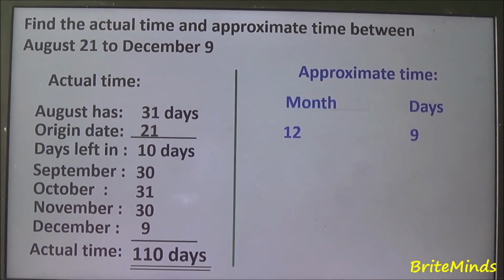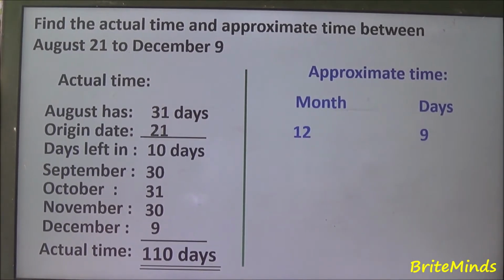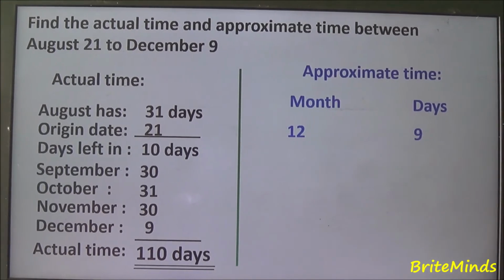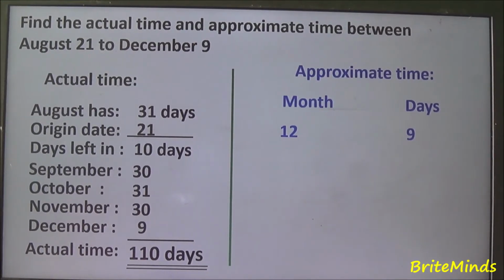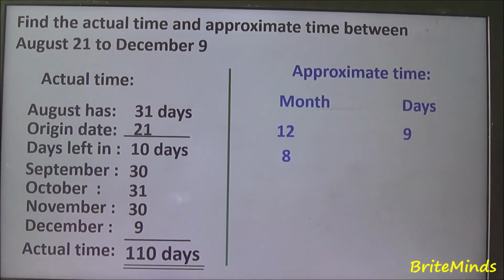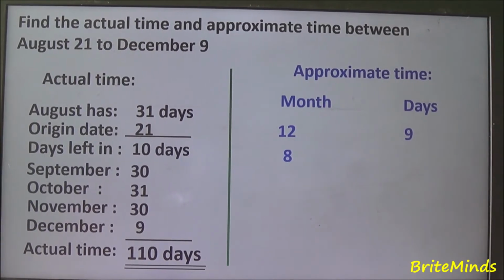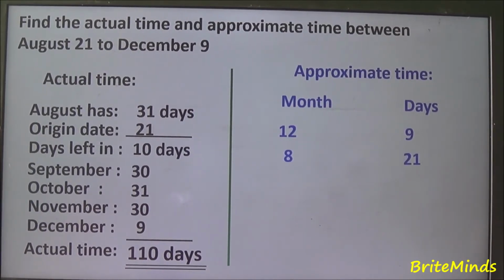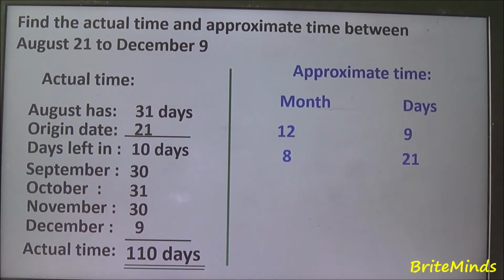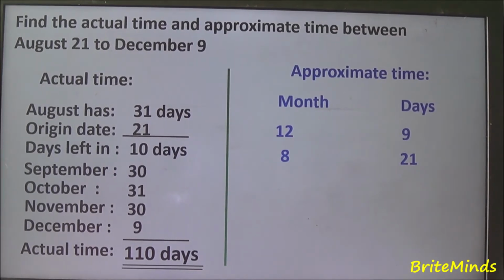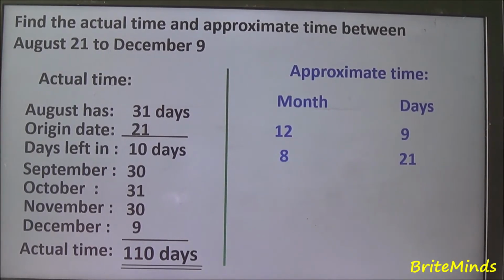And then write down August 21 as the subtrahend. August is 8 and the days 21. And then subtract the subtrahend, or the origin date, from the maturity date to determine the approximate time.